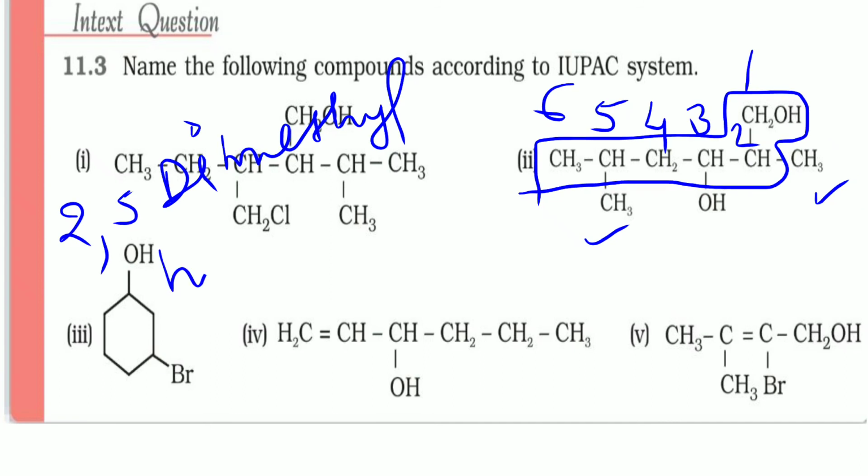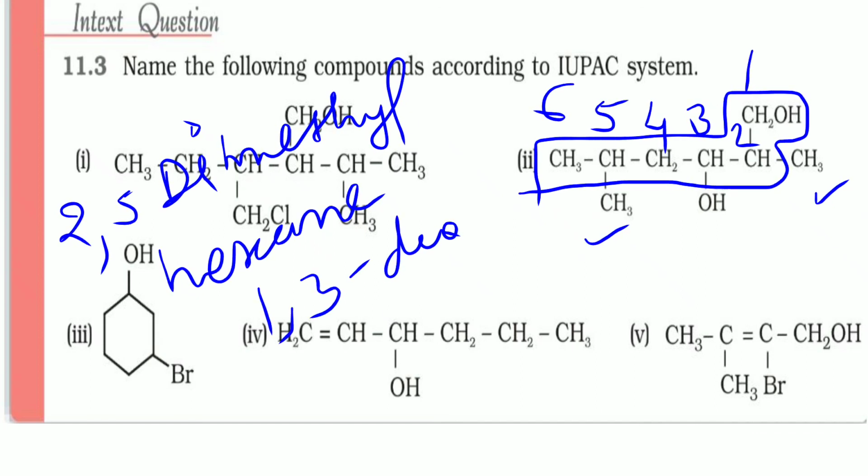So we can write hexane. OH is available at number 1 and number 3, 1,3-diol. This will be its IUPAC name, 2,5-dimethylhexane-1,3-diol.